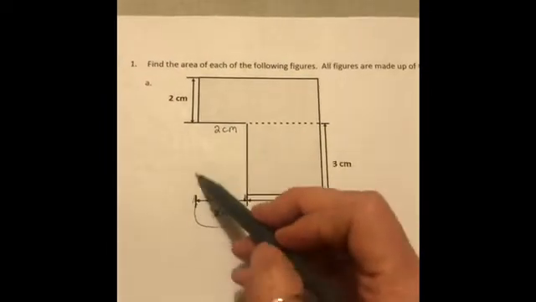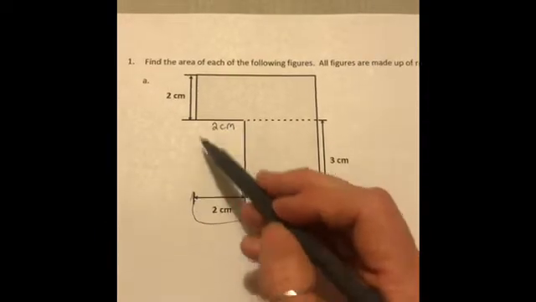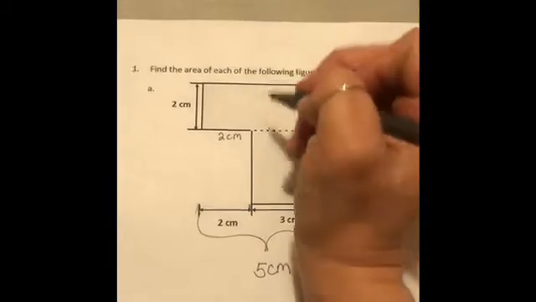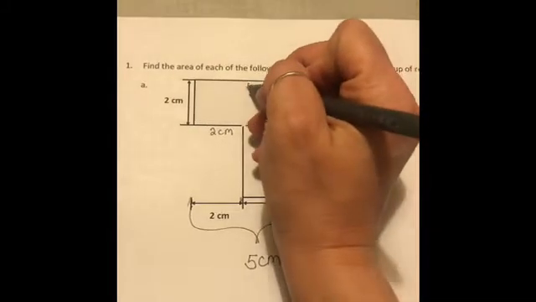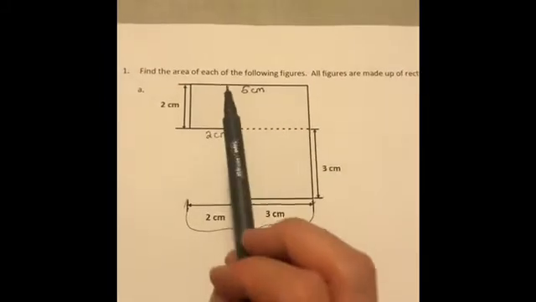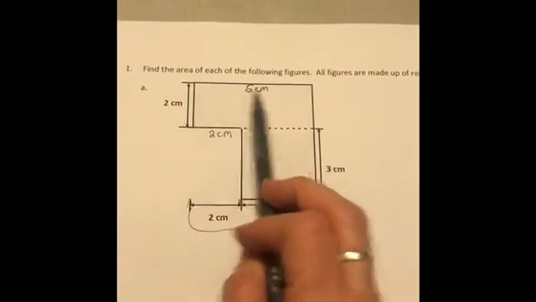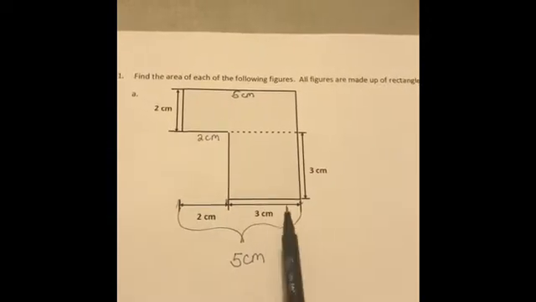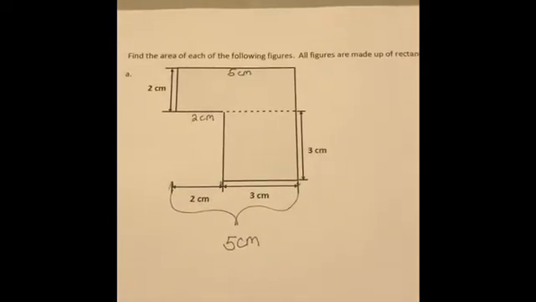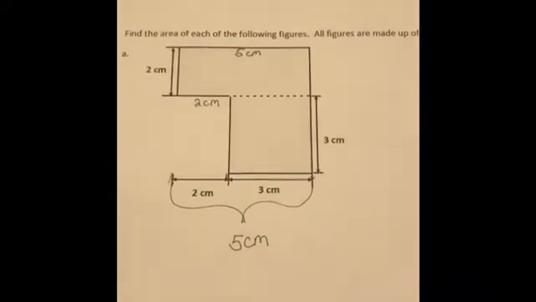Now, since this is matching length and this is a straight line, then this has to be 5 centimeters also. So in other words, this length and this length are equal. So now do I have enough information to find the area of this irregular shape?